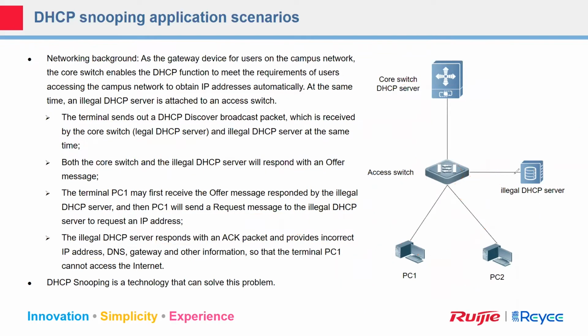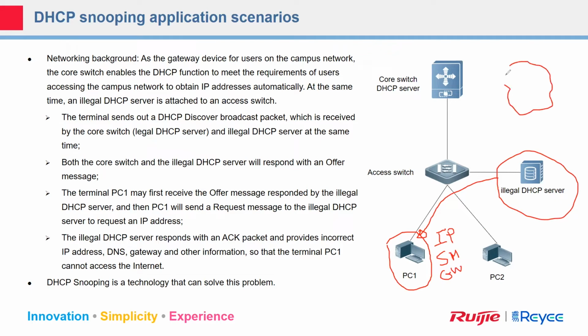So to cut it short, this illegal server is sending an offer to PC1 saying, hello PC1, I can offer you an IP address, I can offer you a subnet mask, I can offer you a gateway as well, so you can go to the internet. This is the internet.